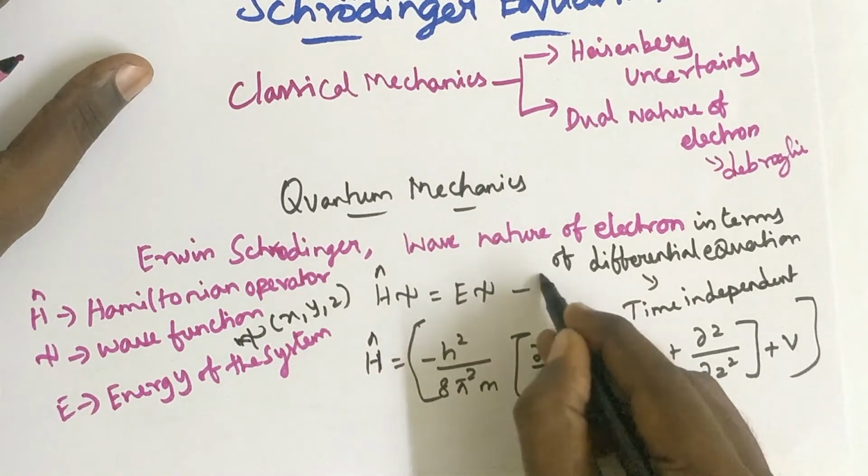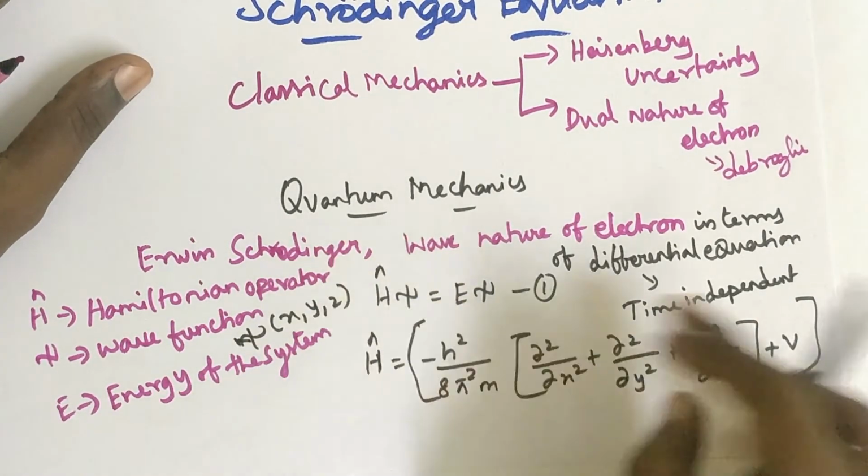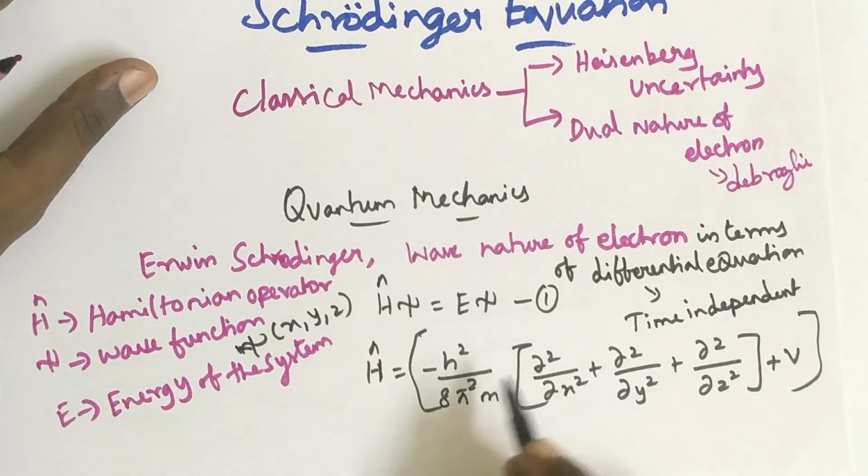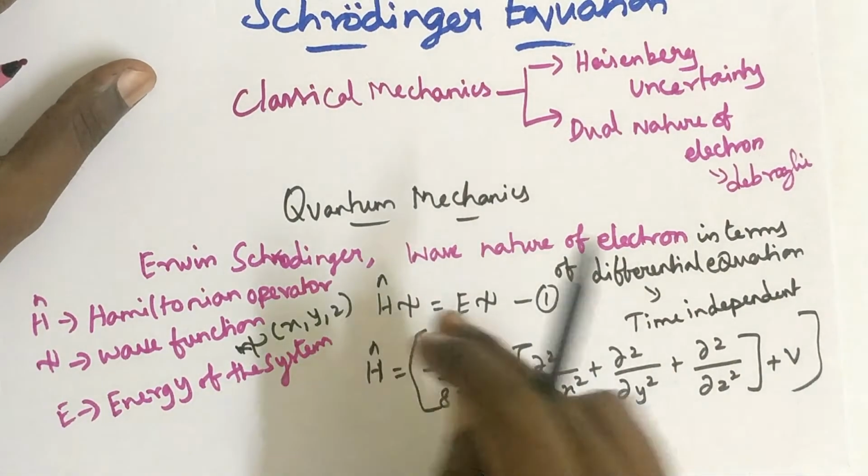Substitute this H cap value in equation 1. Already we have psi, so you have to multiply the whole equation with psi.